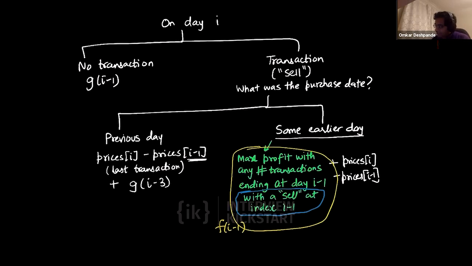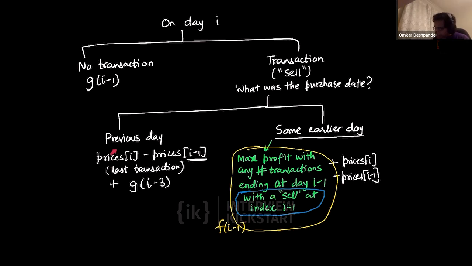So g of I is going to be the max of those three values again: max of g of I minus 1, the delta in the price plus g of I minus 3, and the delta in the price plus f of I minus 1. I hope I don't need to go through those intermediate steps.